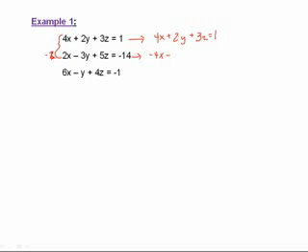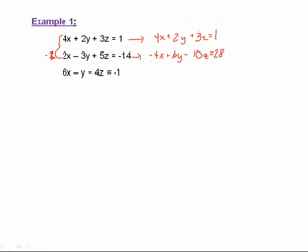So when I multiply there, I get -4x plus 6y minus 10z is equal to positive 28.